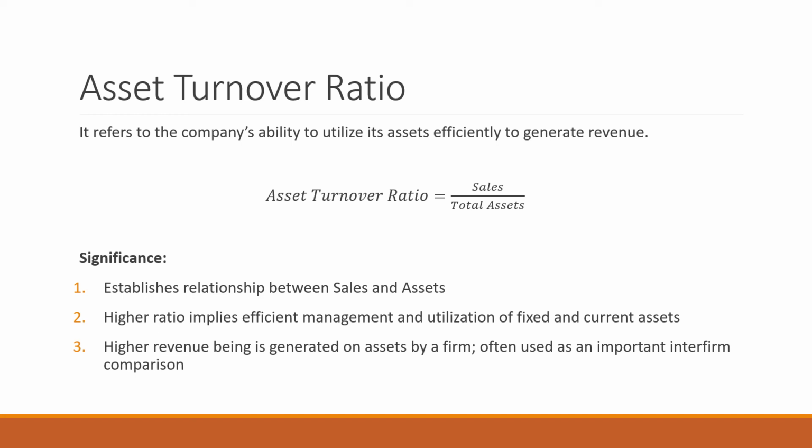Higher ratio indicates efficient management and utilization of assets, both fixed and current. Higher revenue being generated on assets reflects a good position for the company as compared to other firms, thereby reflecting good growth potential for the firm.